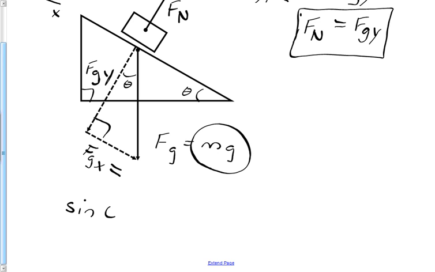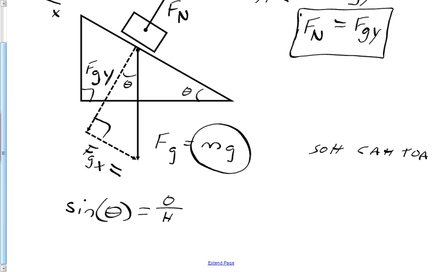So I'm going to go from scratch here. I'm going to say the sine of angle theta, remember SOHCAHTOA, right? SOHCAHTOA. The sine of angle theta is equal to the opposite over the hypotenuse.